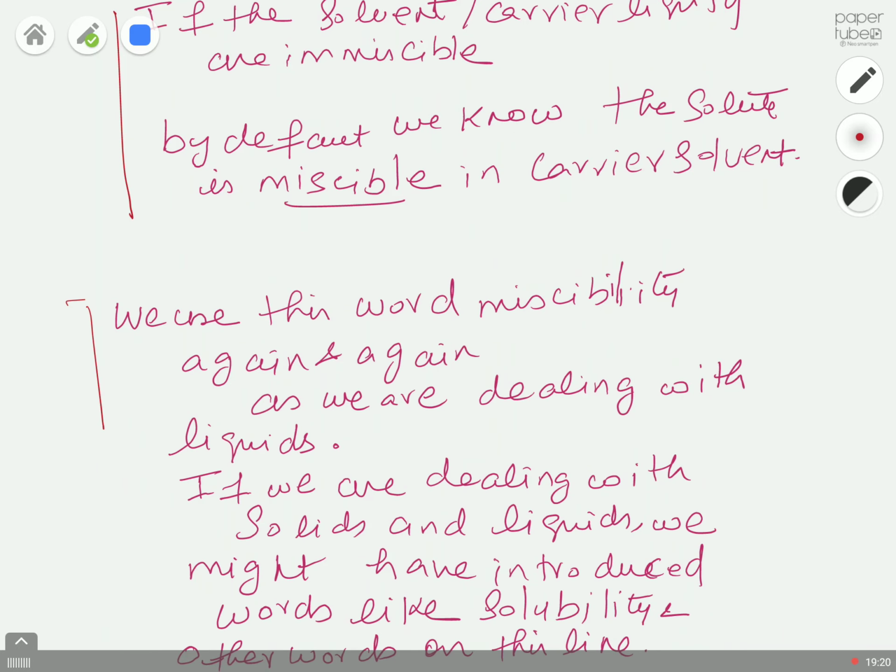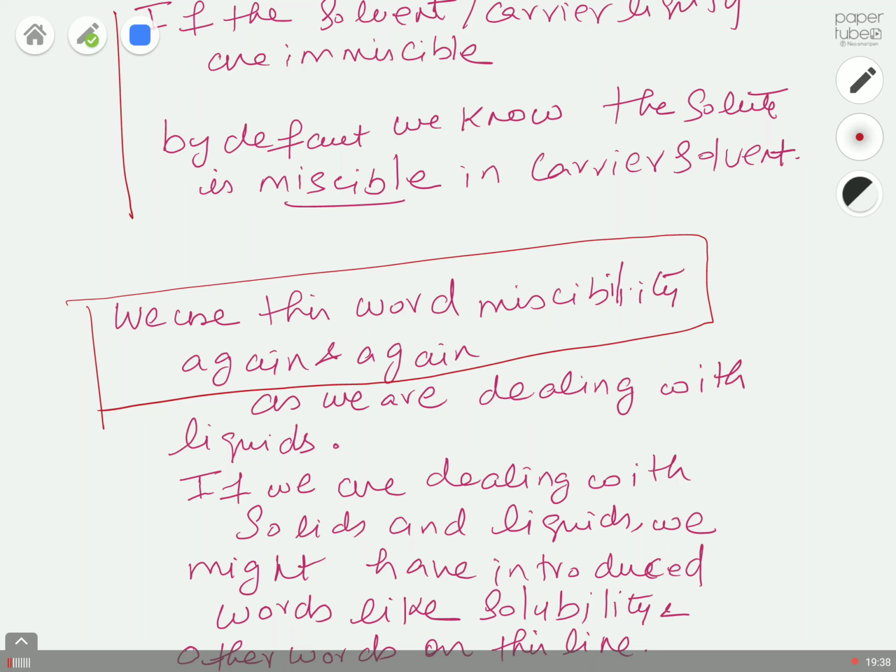Just to remember this, we are going to use the word miscibility again and again as we deal with liquids. So try to avoid the word dissolve. Maybe I should avoid it as well. I should stick to the word miscibility, and you should stick to the word miscibility.